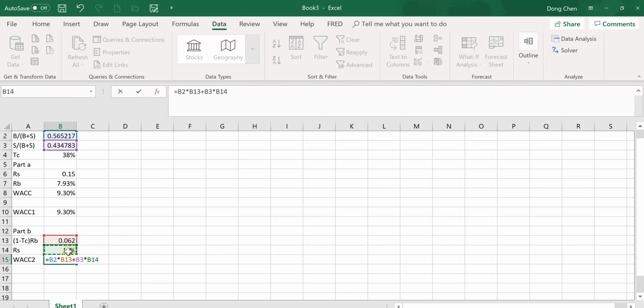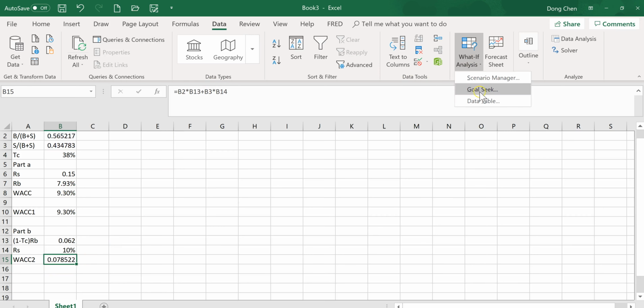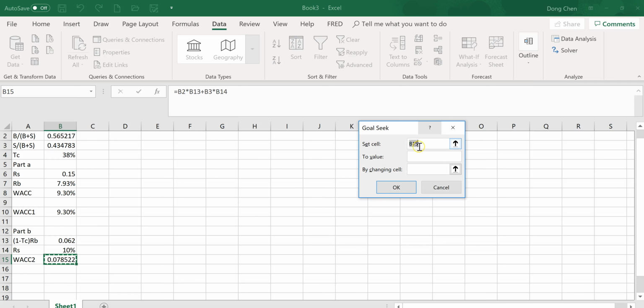Obviously, since it's an assumed number, you can see that the WACC2 here may not match the true WACC, which is 9.30%. But again, I want to use the Goal Seek tool to set this B15, which is WACC2, to be exactly equal to 0.093, our target, the true WACC.